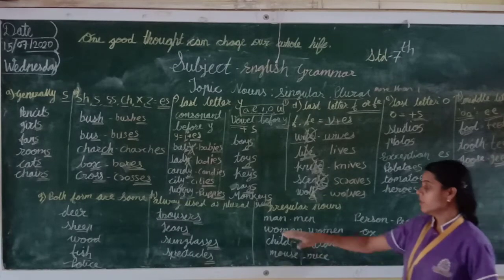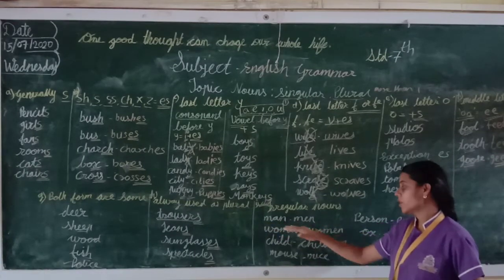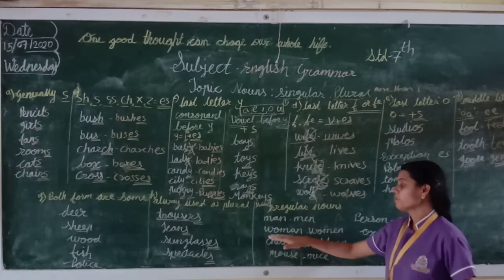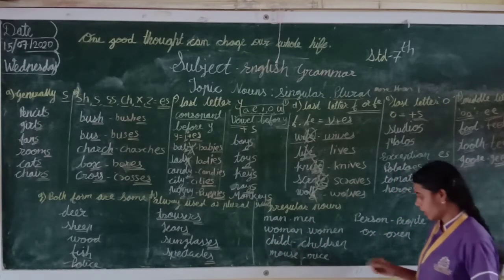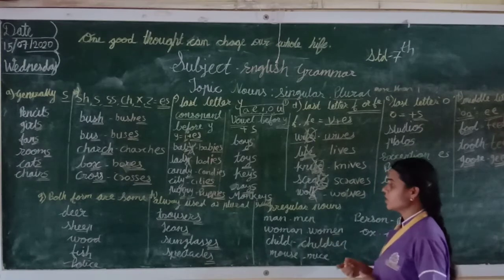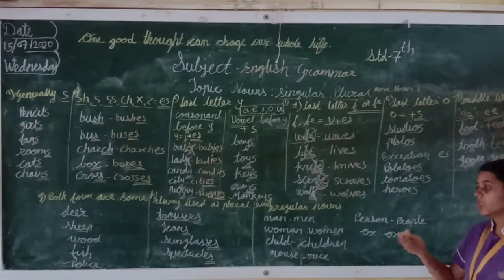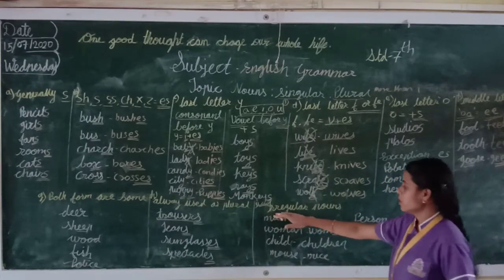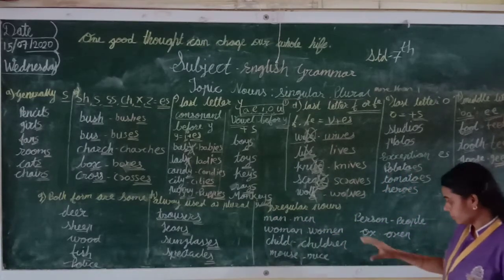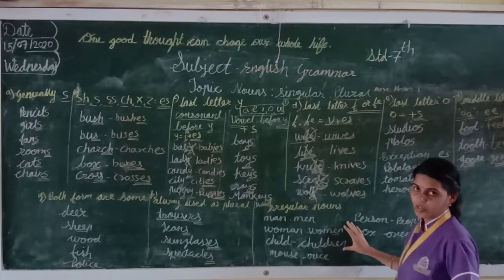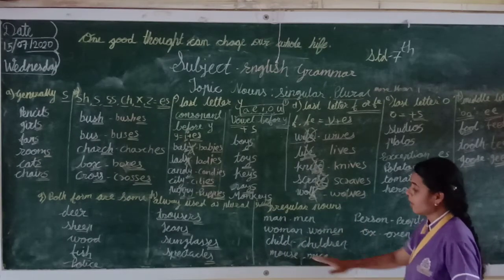For example, man is singular, its plural is men. Woman is singular, its plural is women. Here we will not join S or ES. Because these are irregular nouns, we have to remember these words.